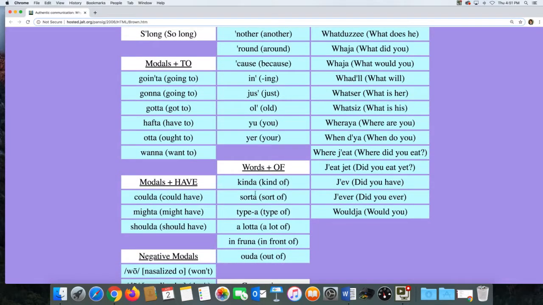And these are again some more that are combined ones. I'm sure you've heard kinda before. I say it a lot, and it's very hard for me to say kind of. Again, that's a schwa sound. So kinda. That's kinda true. Kind of true. Sorta instead of sort of. Typa instead of type of. A lotta instead of a lot of.